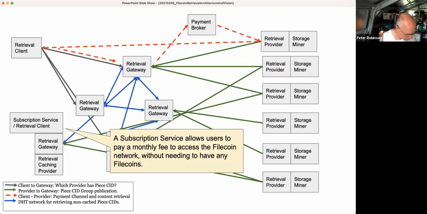And yet another thought that I've got is you could have a subscription service. The idea here is that not everyone's got Fil. And you might say, look, I'm going to pay $20 a month to some company, and they will then give me Fil, essentially, and allow me to do retrieval requests on my behalf.